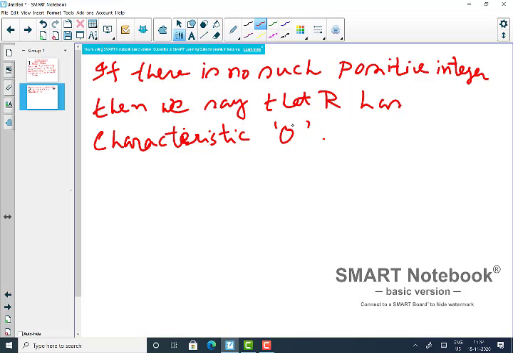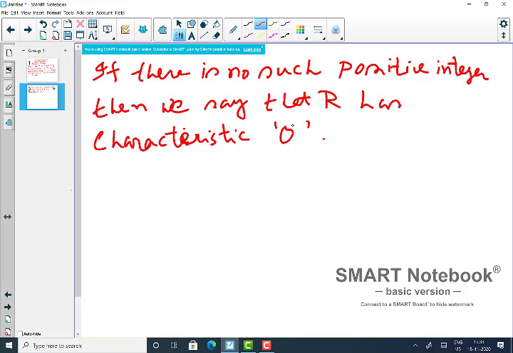If there exists a positive integer, then you choose the least one among those positive integers. That will be defined as the characteristic. We will define that number as the characteristic of R. If not, then you say that 0 is the characteristic, okay.